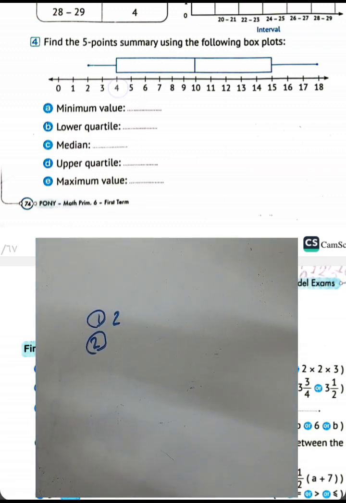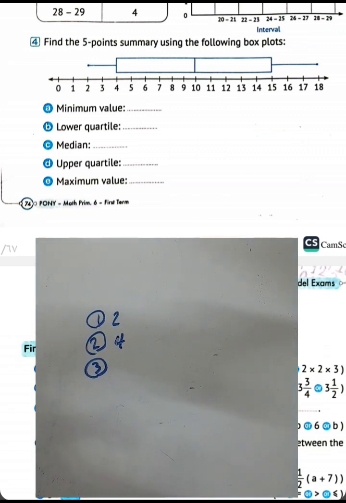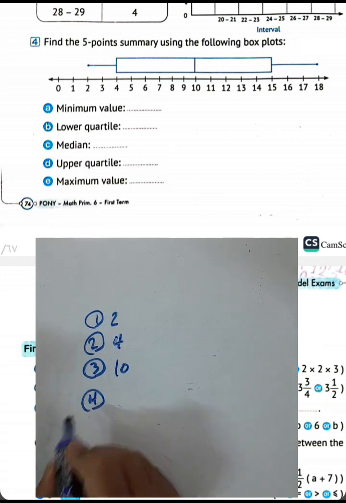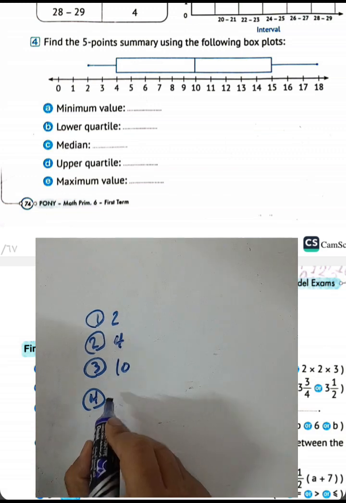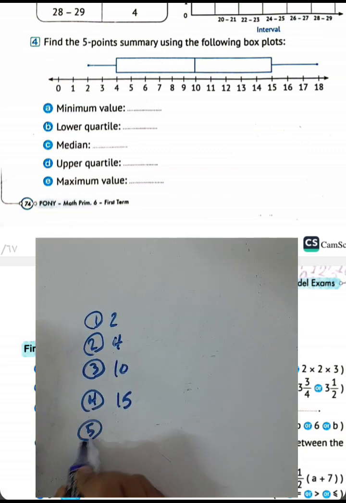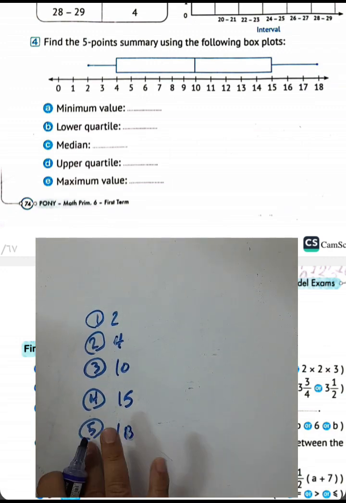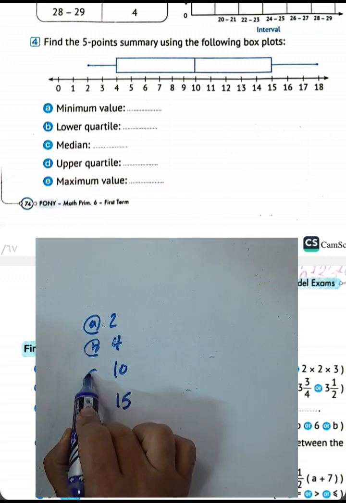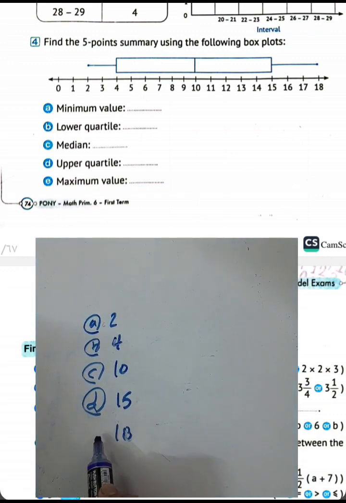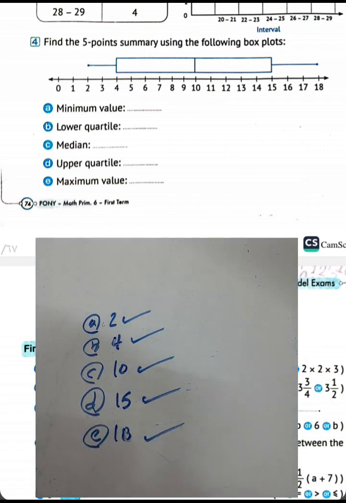Lower quartile, it will be 4, and median will be 10, and upper quartile it will be 15, and maximum it will be 18. Okay, letter A. The result will be 2, 4, 10, 15, 18. Understood?